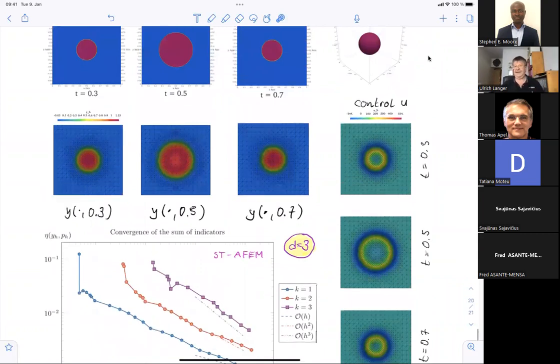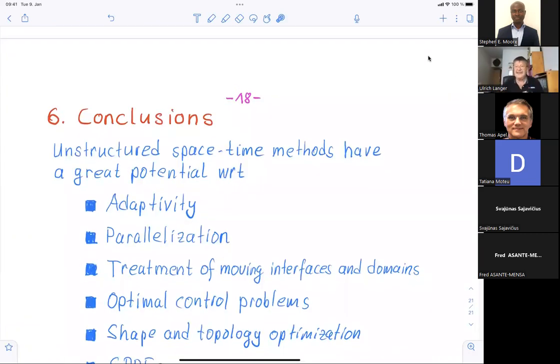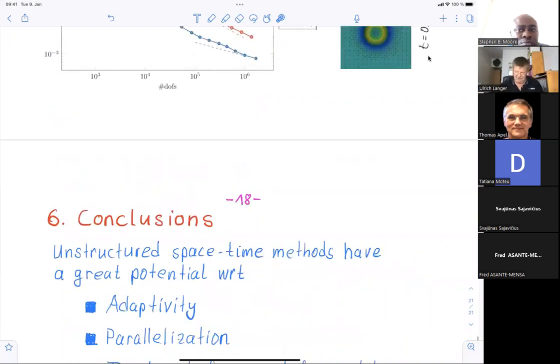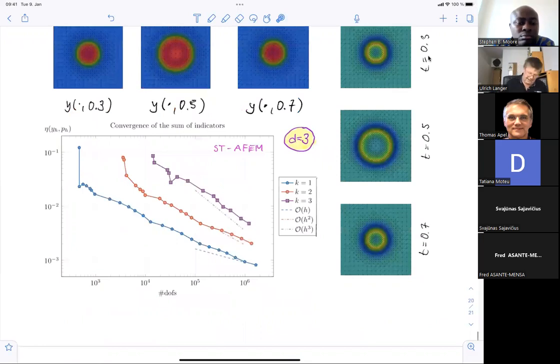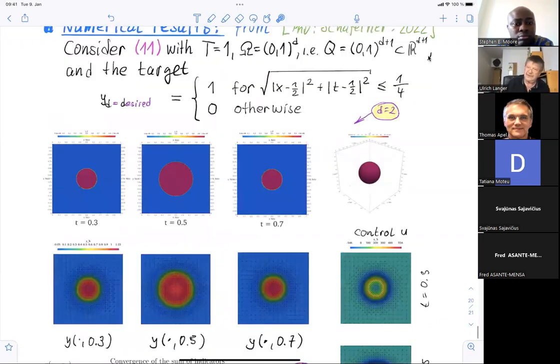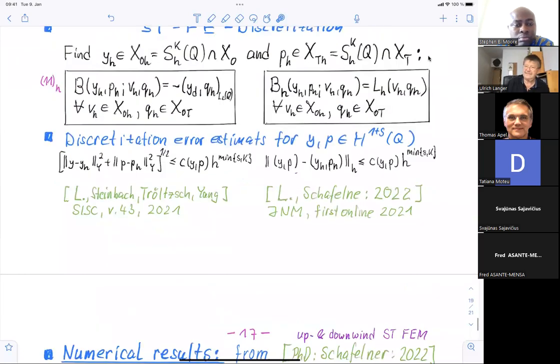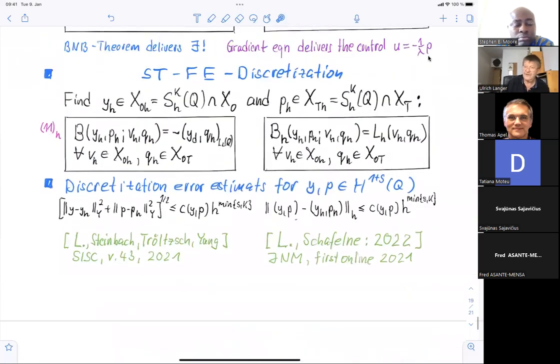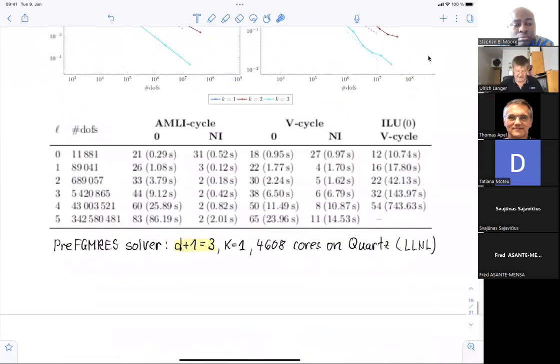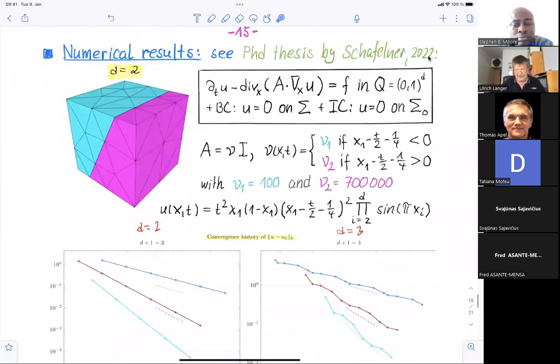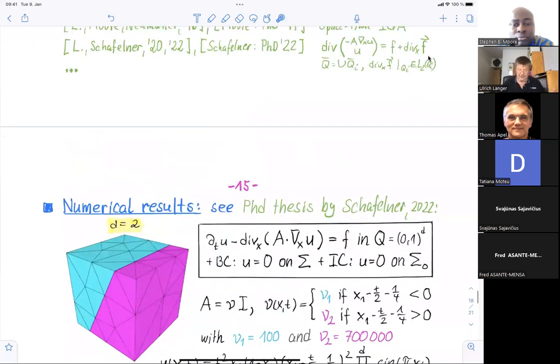One example I showed to you, because they're fixed. If you have such an interface as I showed you here, and you do not always approximate the interface, then you lose convergence rate. Here not, of course not. So these methods are suited for optimal control problems.